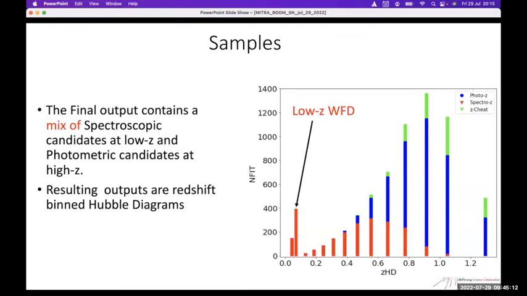The resulting outputs are redshift binned Hubble diagrams as a combination of those candidates, as you see over here. This long red peak that you see at really low redshift, about 0.06, specifically marks the low redshift candidates from the WFD.